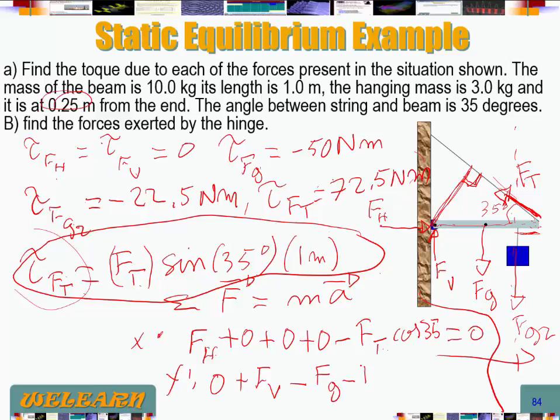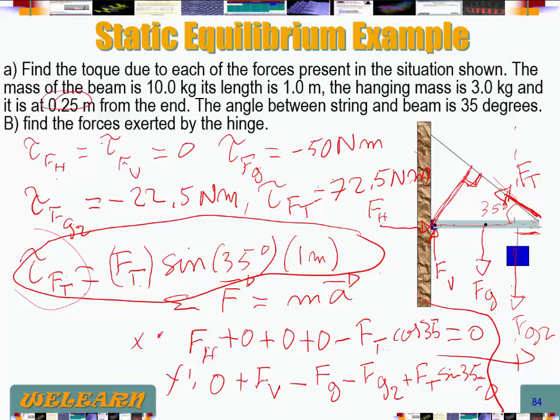Fg2 is going to be minus Fg2. Ft is going to be plus Ft sine of 35, and that's going to be equal to 0. That's my equation along the y, and that equation will help me to find Fv.